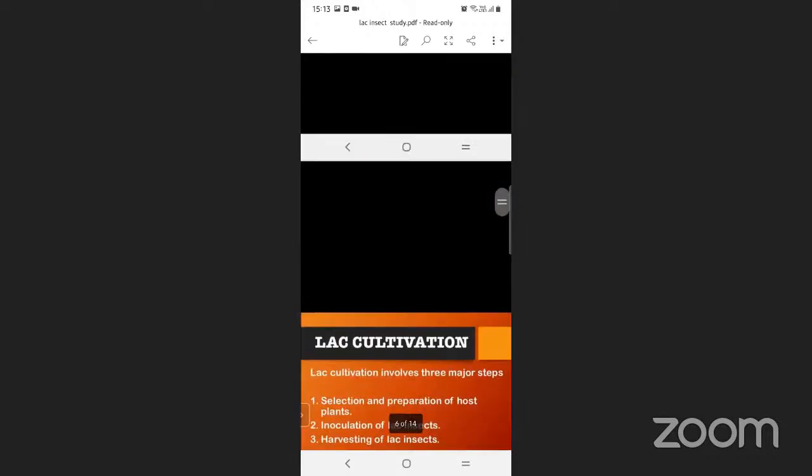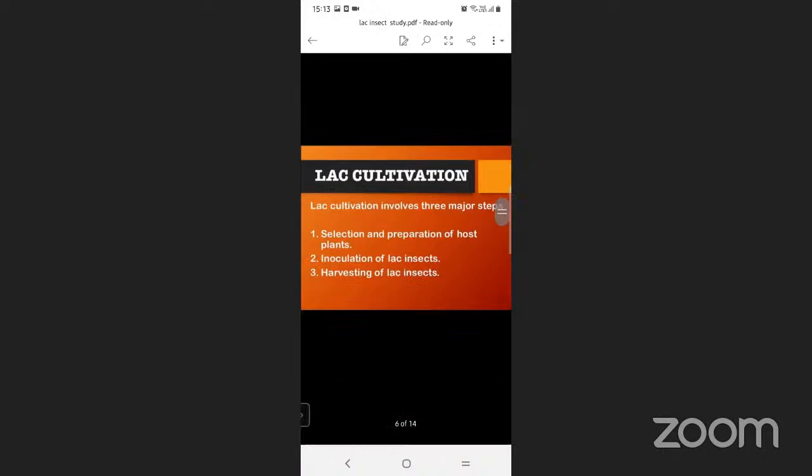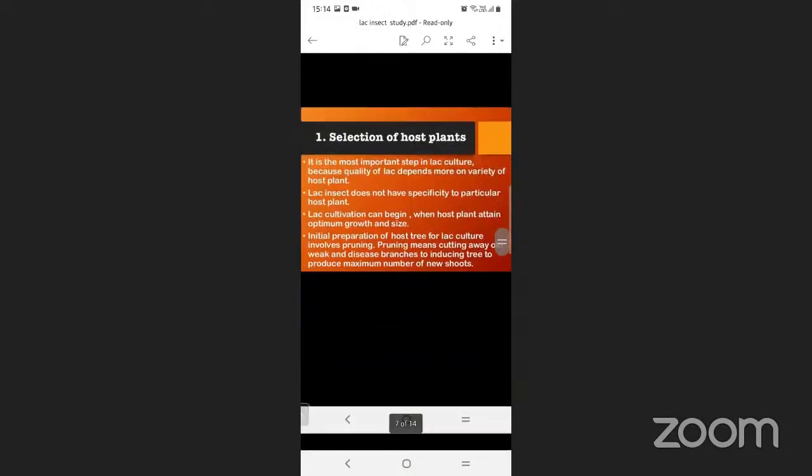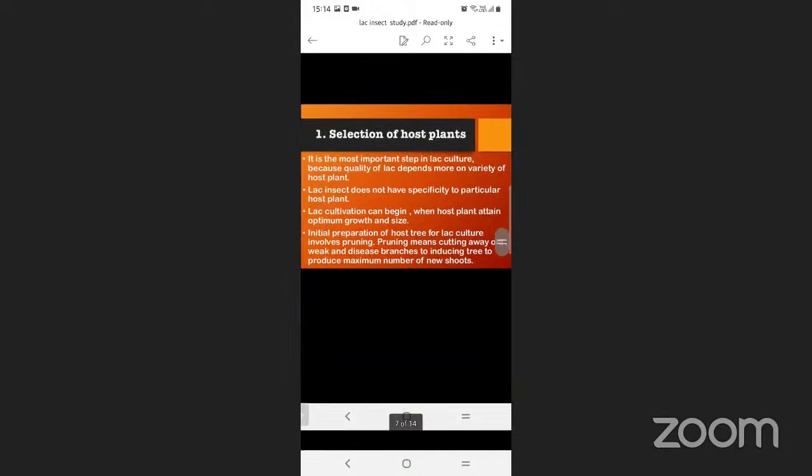So lac cultivation involves 3 major steps: selection and preparation of host plants, inoculation of lac insects, and harvesting of lac. So these are the 3 steps involved in lac cultivation. First thing is selection of the host plant.